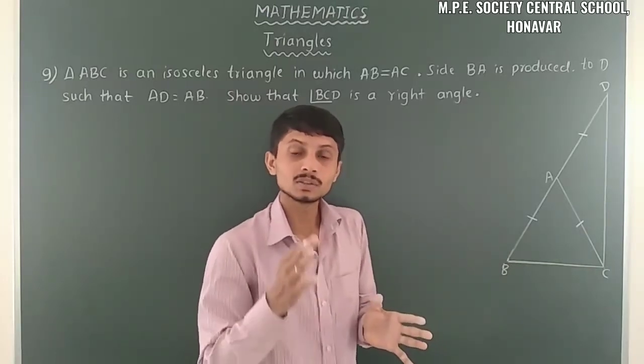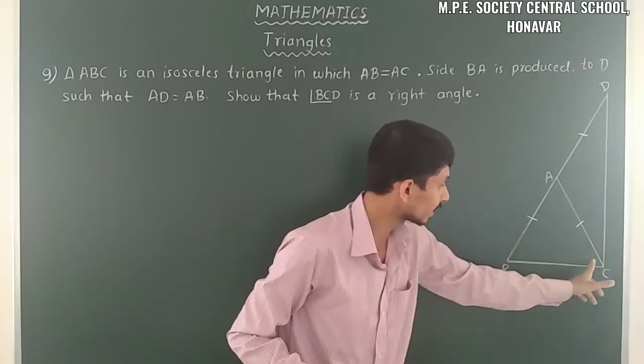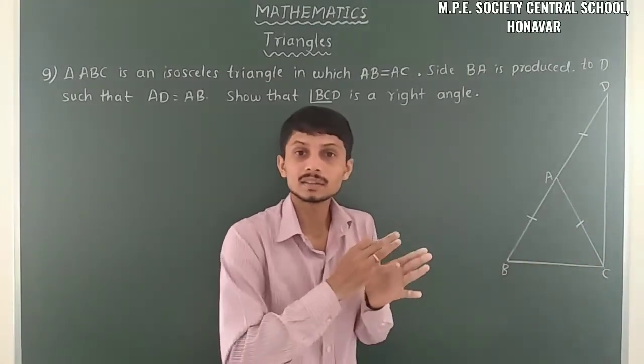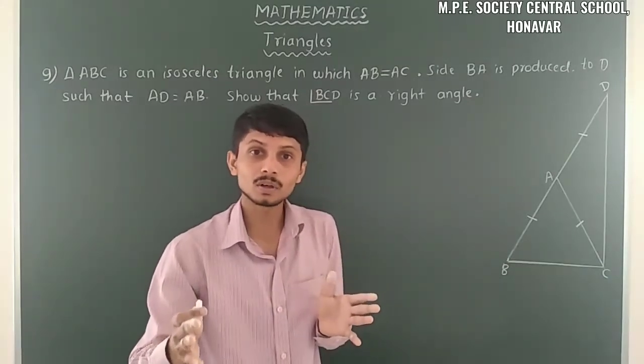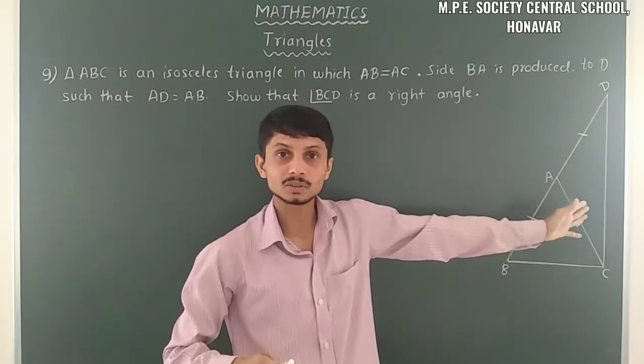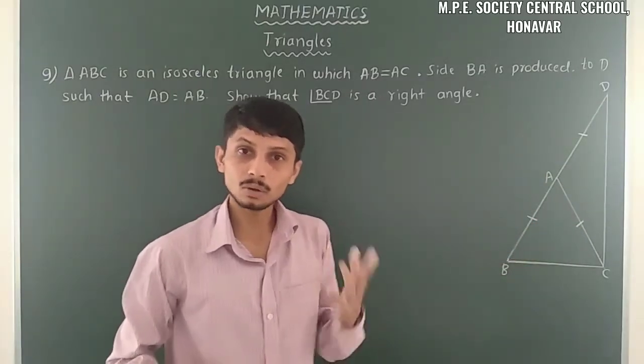So these two angles, this angle and this angle, ACD angle and ACB angle, are the corresponding parts of these two triangles.